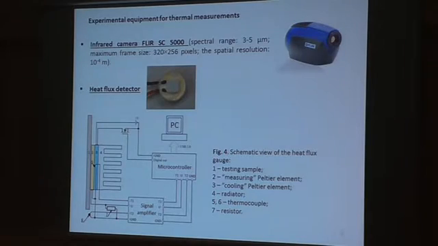And next slide presents the detail of the experimental setup. We have used an infrared camera FLIR and an originally developed heat flux sensor. The idea was quite simple. We have used one Peltier element connected with some cooling setup.